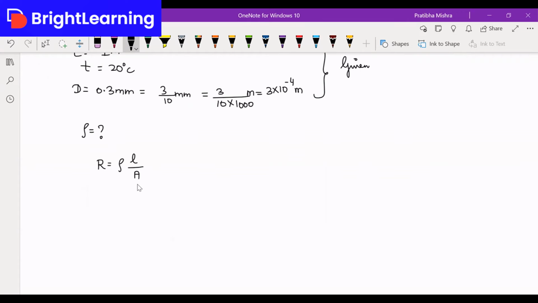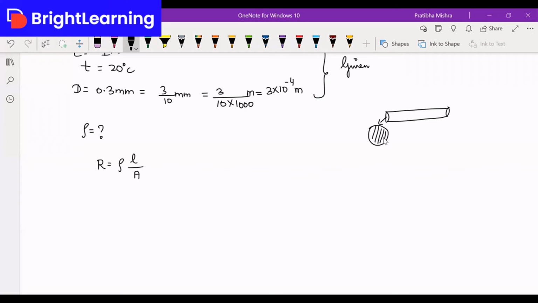But you have to find the area of the wire. How will you find the area? They have given you the diameter. You know what the shape of a wire is? Cylindrical. So how will you find the area? Pi r square, because the cross section is just like a circle. Pi is a constant.